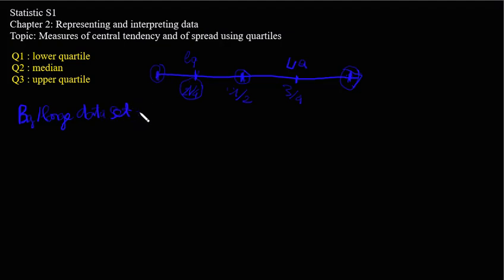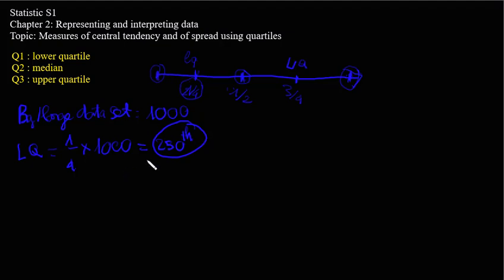Like we have 1,000 data in our set. Our lower quartile would be 1/4 multiplied by 1,000, equal to 250. So the location of the lower quartile is 250.